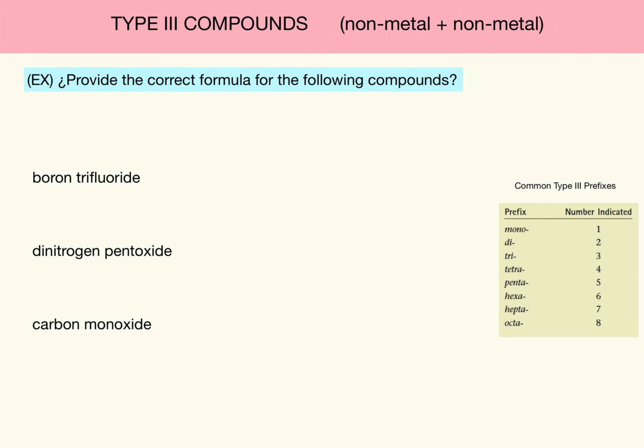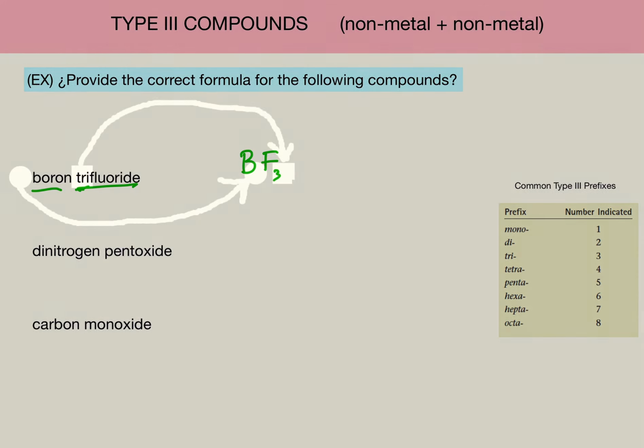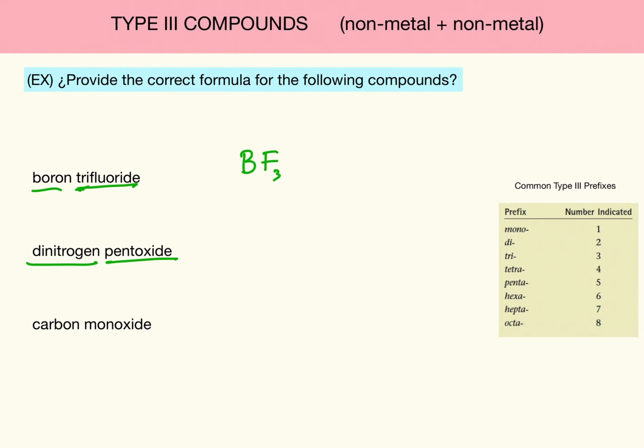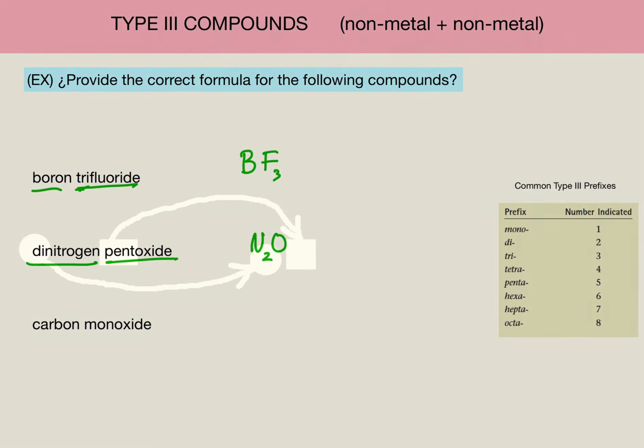Practicing a few type 3 going in the name to formula direction. Let's work this. I can see the two pieces. I have a boron, and I have a fluoride, and I have 3 fluorides. That's it. Dinitrogen pentoxide. I have a nitrogen, I have an oxygen, I have 2 nitrogens, and I have 5 oxygens.